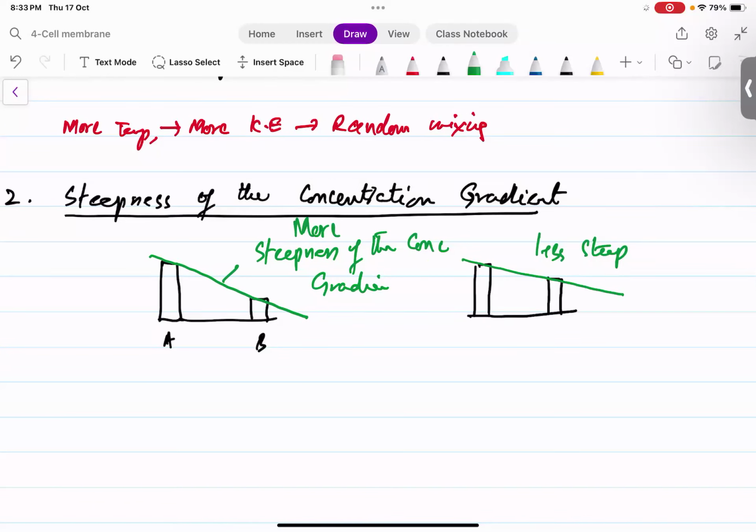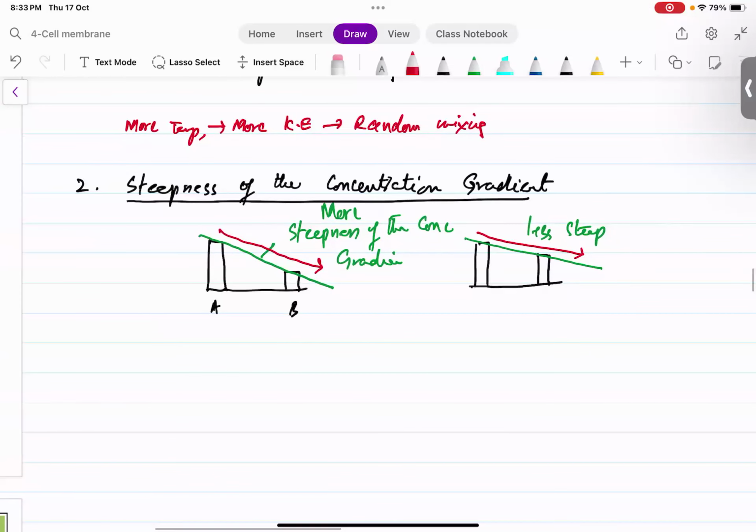If there is more steepness, the rate will be faster, and if there is less steepness, the rate will be slower. The steepness of the concentration gradient is maintained, for example, in the alveoli and blood capillaries by continuous flow of blood and continuous breathing in and out of air into the alveoli. We'll discuss this gaseous exchange in detail in the lungs.